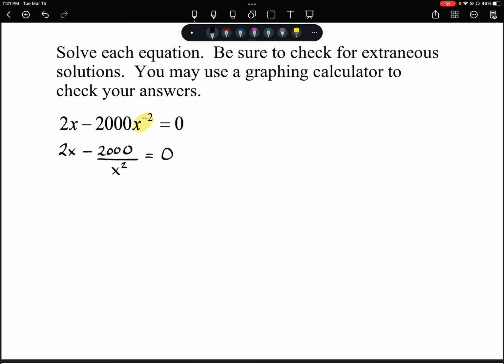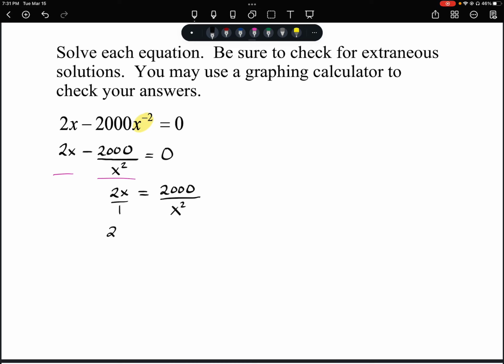Since we have basically two terms, we could turn this into a proportion by adding the 2,000 over x squared to the other side. That would result in 2x equals 2,000 over x squared. Then you can use the process of cross multiplying to solve the proportion.